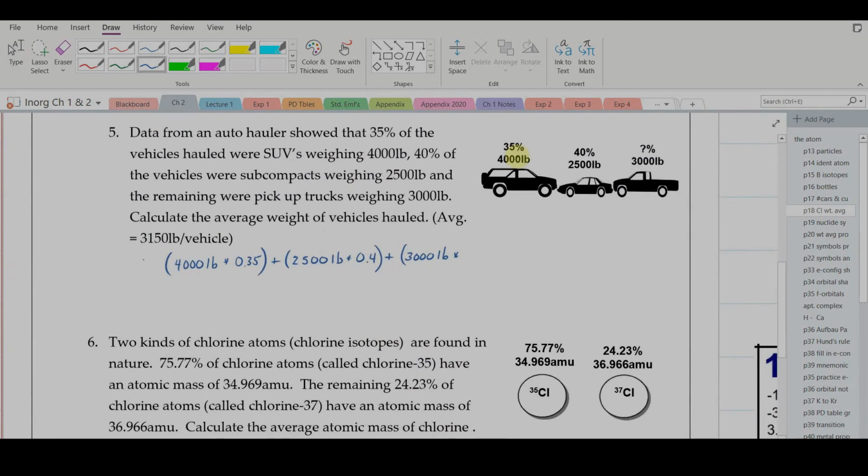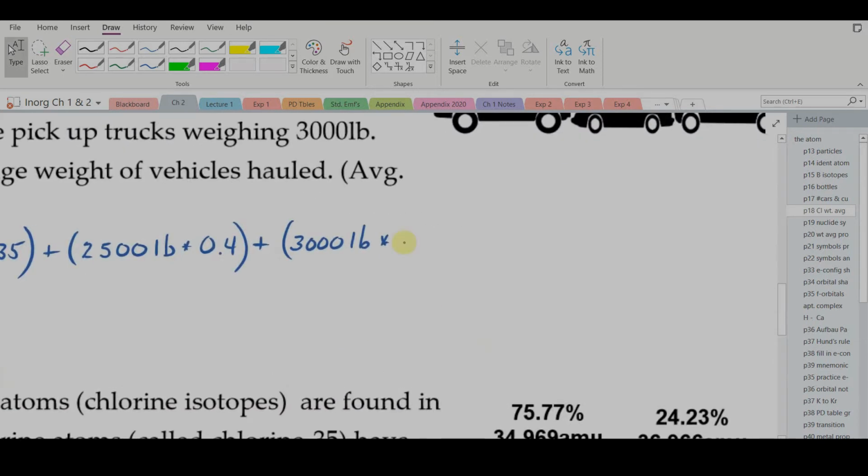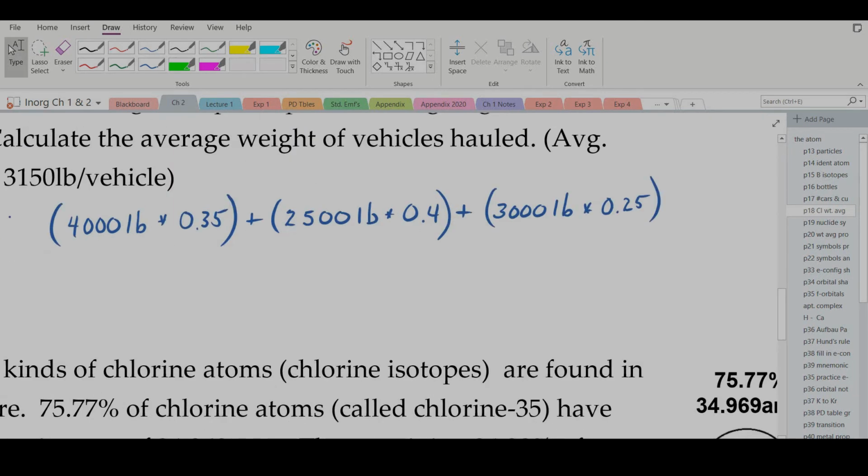We had 35 plus 40 has to add to 100. This is 75, so this must be 25% of the vehicles hauled. Would be pickup trucks, so that's 0.25. Remember, the sum of the fractions equals 1, the sum of the percentages equals 100.